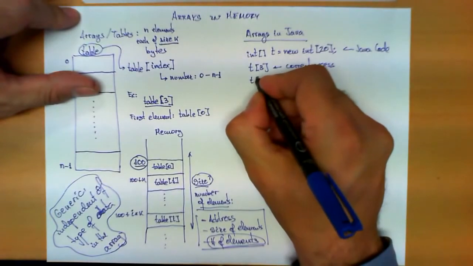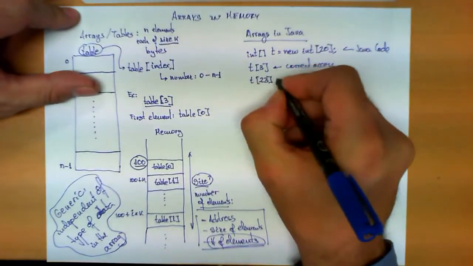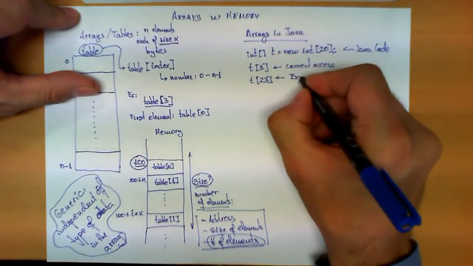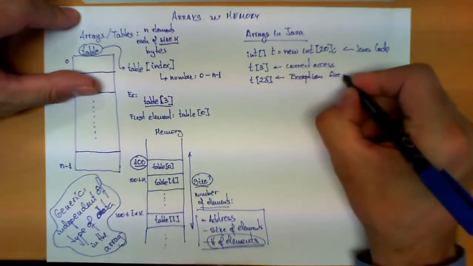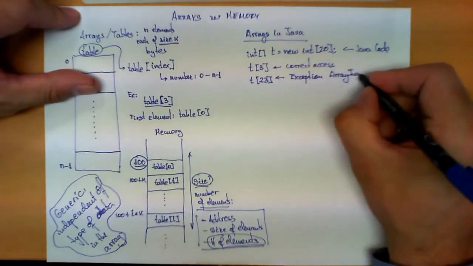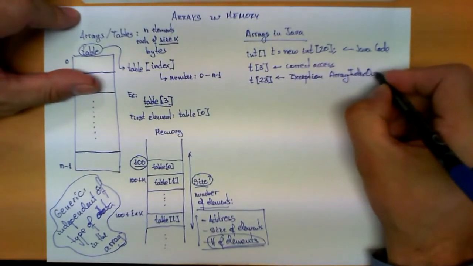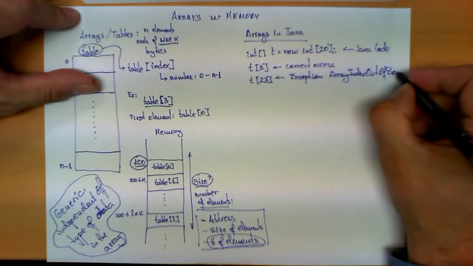However, if you do t of 23, then you get an exception, which I'm sure you're familiar with, because it's the array index out of bounds, which occurs fairly often.